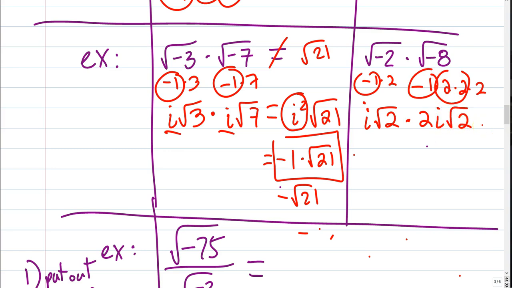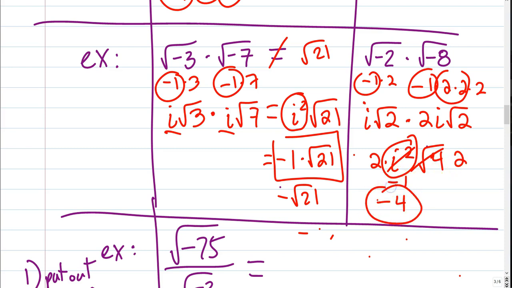We can now multiply these together. I have a 2 in the front. i times i is i squared. Root 2 times root 2 is the square root of 4. We can simplify that. The square root of 4 is 2. And i squared is negative 1. So 2 times negative 1 times 2, how about negative 4 is our final answer. So work through those. Be careful. Let's keep going.